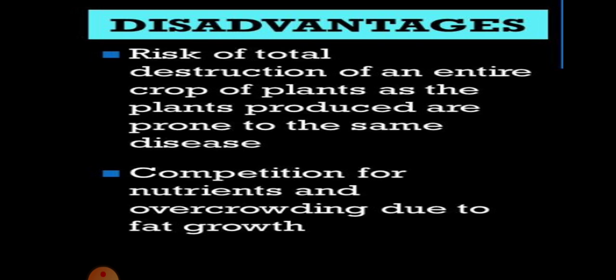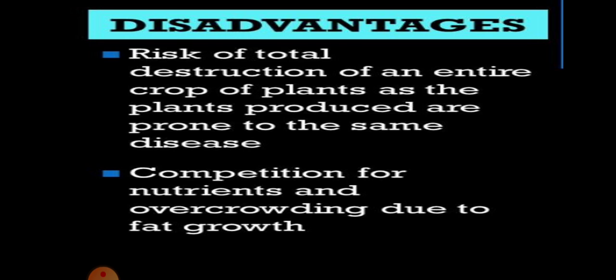The plant variety obtained by this technique loses vigor and becomes prone to diseases. There is competition for nutrients and overcrowding due to fast growth. Since the offspring are clones identical to the parents, the risk of passing a deformity from parent to offspring also increases.